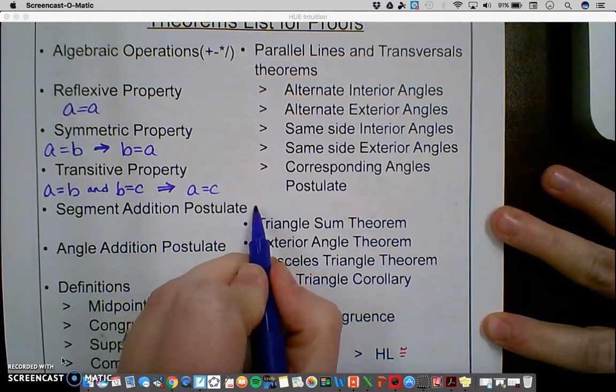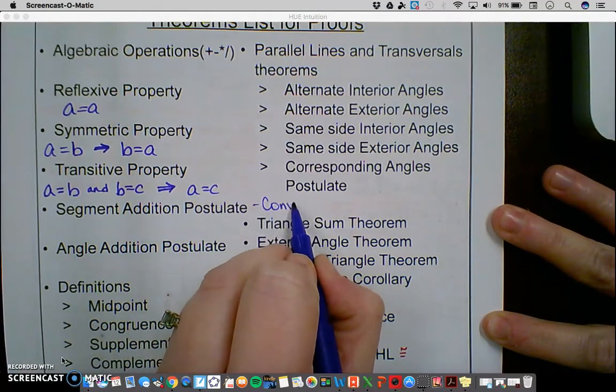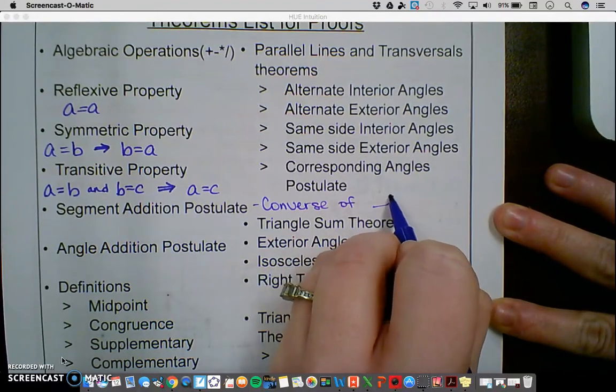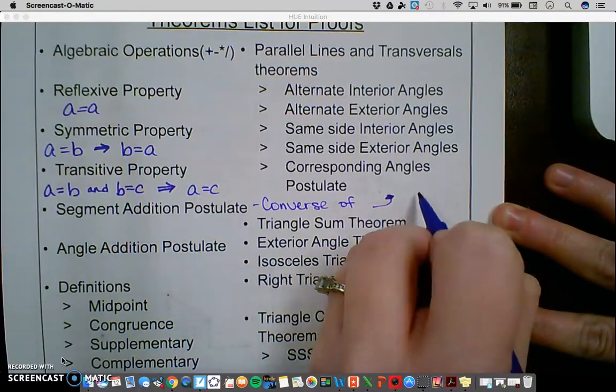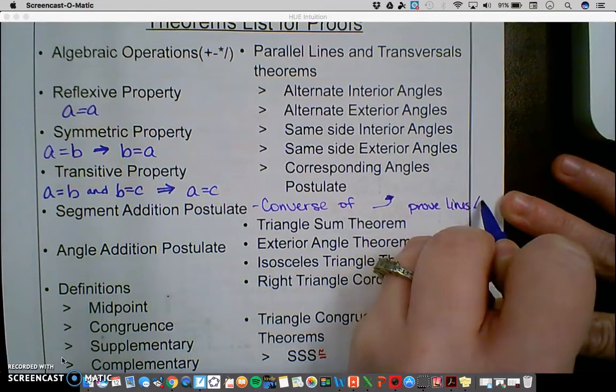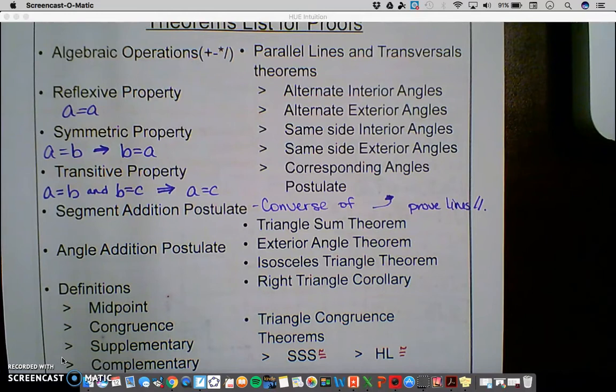You also need to remember the converses of these that prove lines are parallel. So the converse, remember, is the switch of the hypothesis and conclusion.